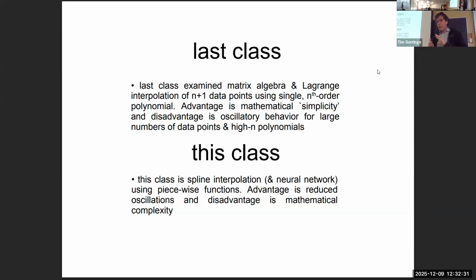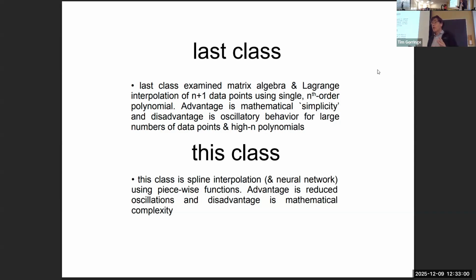In the previous class, we worked on interpolating a high order single polynomial through a set of discrete data points. Today's class, we're going to focus mostly on a piecewise set of lower order polynomials to pass through a set of data points.